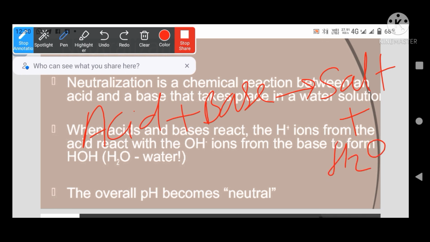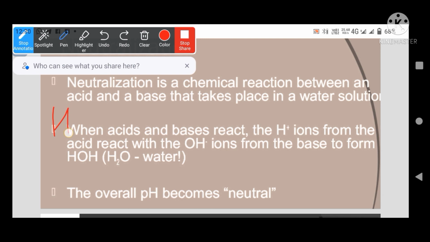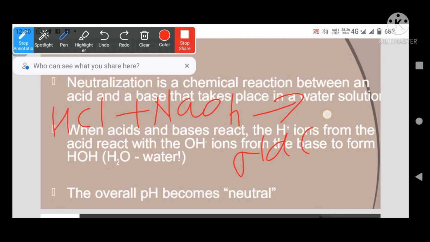Or we can write it as HCl plus NaOH gives NaCl plus H2O.